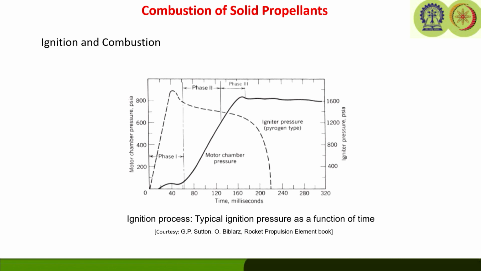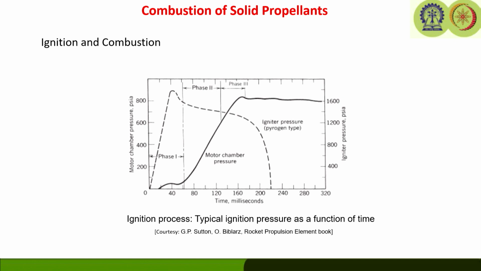Then there is the flame spreading interval, which is phase 2. This is the time from the first ignition of the grain surface until the complete burning of the grain area. All the surface of the grain area should be ignited in this period. That is the flame spreading interval.